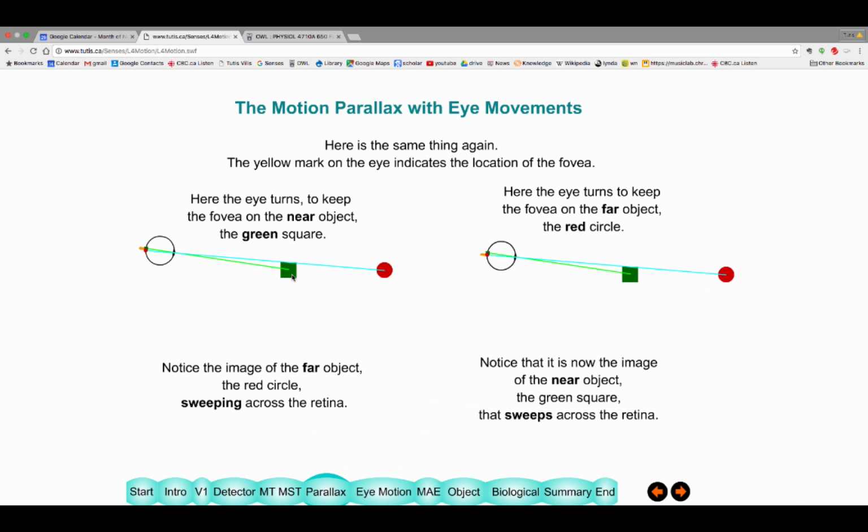But the red thing moves back and forth on the back of the eye. In this case, it's looking at the red thing, and the red thing is stationary at the back of the eye. But the green thing moves back and forth. So what moves fastest on the back of the eye depends also on where the eye is looking.